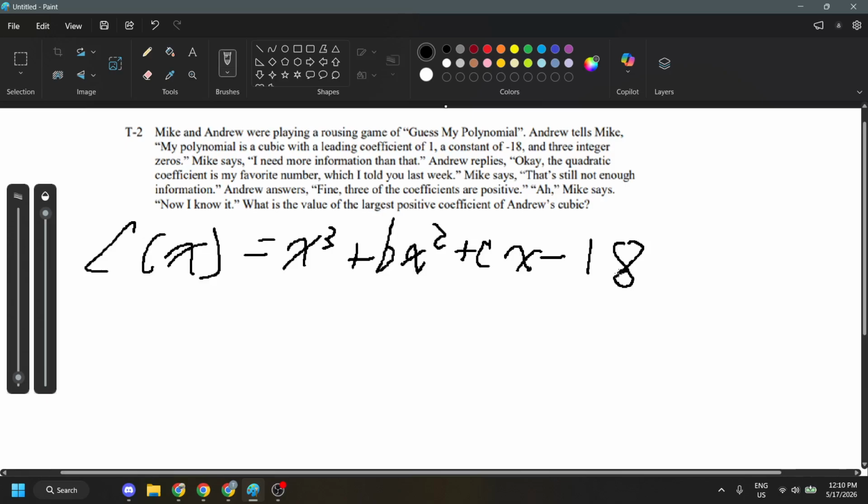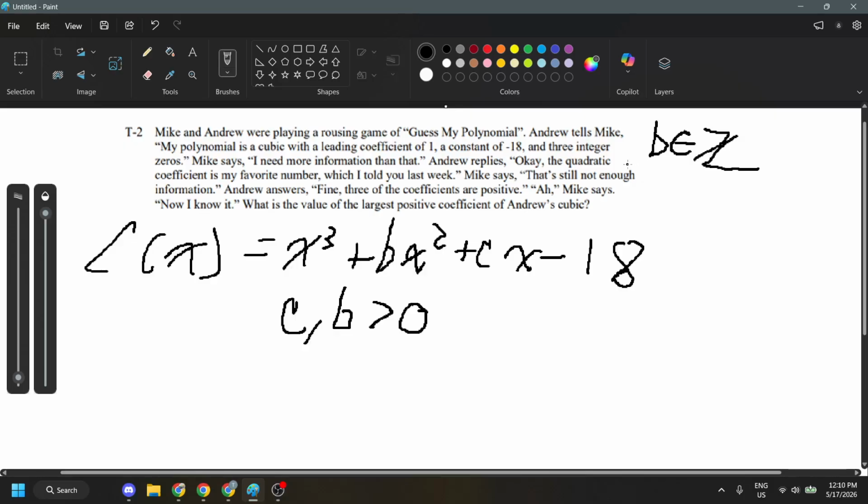Okay, 3 of the coefficients are positive, so c and b are both greater than 0. 3 integer zeros, okay. The quadratic coefficient is my favorite number, so I'm assuming that means that b is an integer.